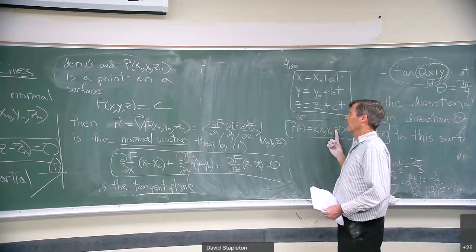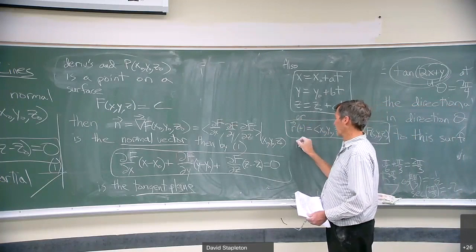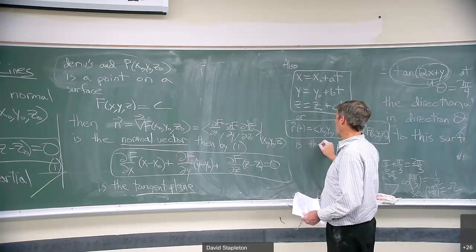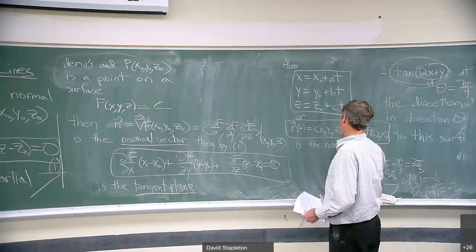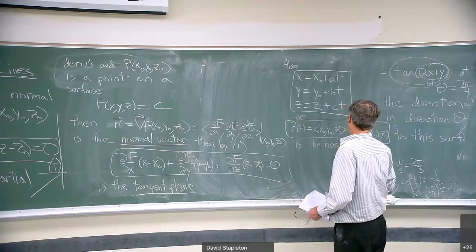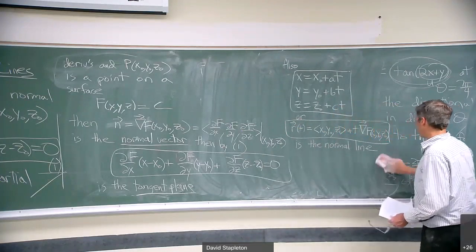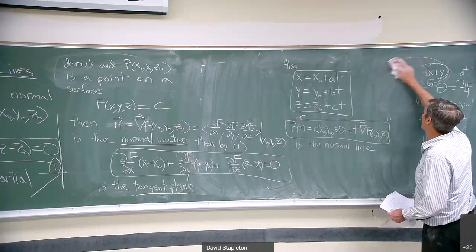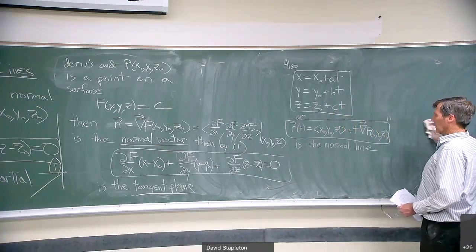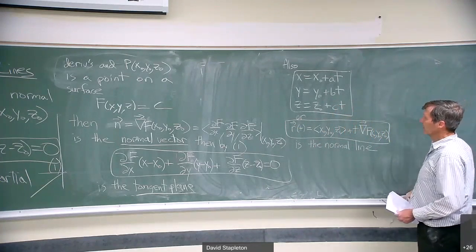So this will put it in vector parametric form. This will write parametric equations. So there's the normal line. But it all just goes down to those definitions, those ways we did planes and lines before.